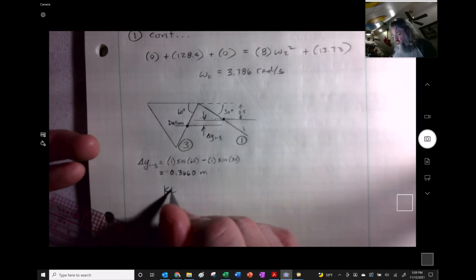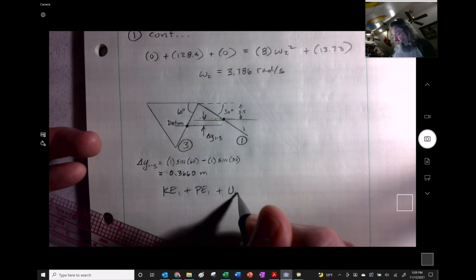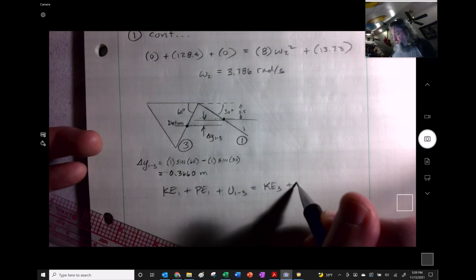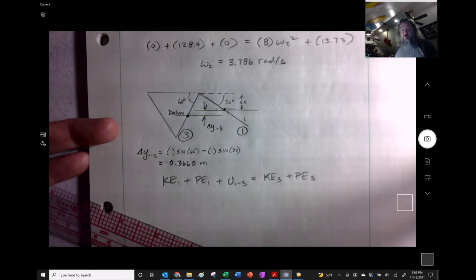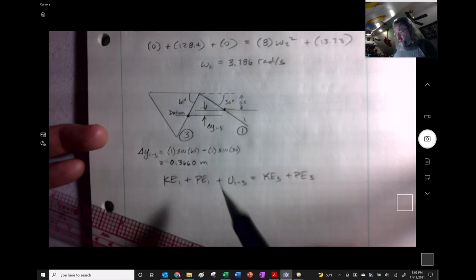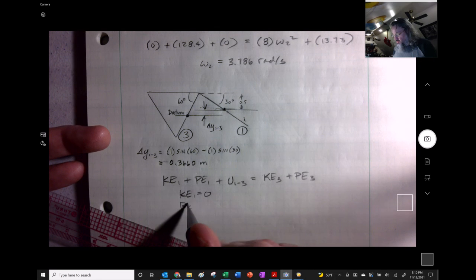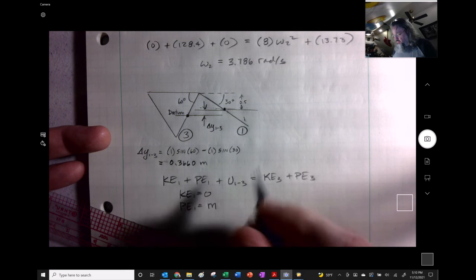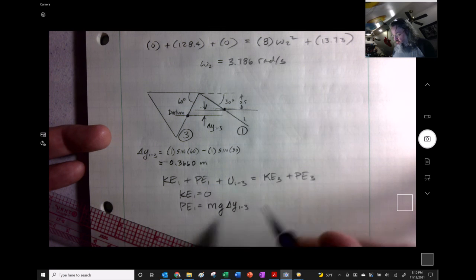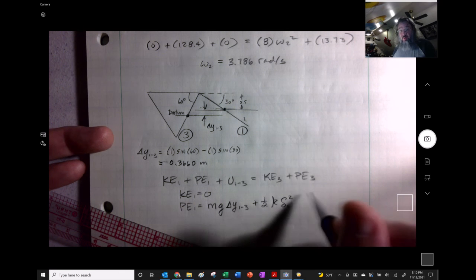So now we're going to do much of the same thing. Well, let's just write it out. KE1 plus PE1 plus U 1 to 3 is equal to KE3 plus PE3, right? So now PE3 is going to be 0 because the string is unstretched, and that's going to be the datum. KE1 was already equal to 0. PE1 is now going to be mg delta y 1 to 3 plus 1/2 k delta 1 squared, which remained the same thing right there, right?